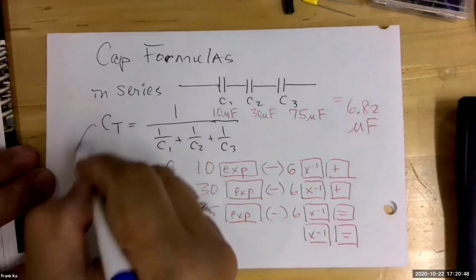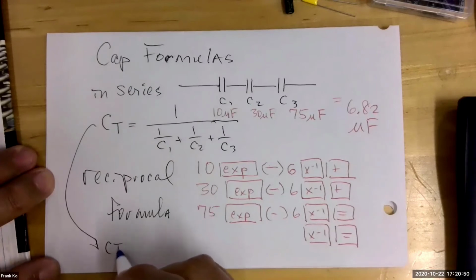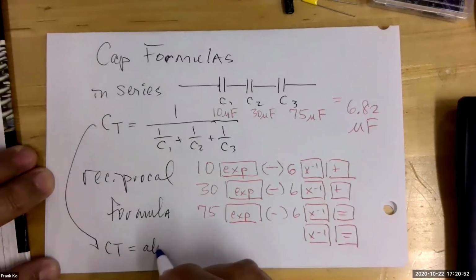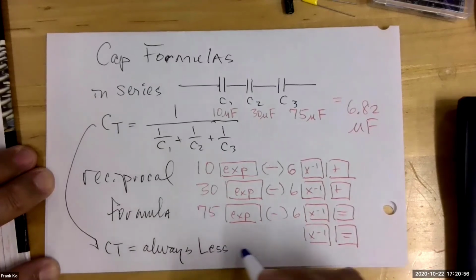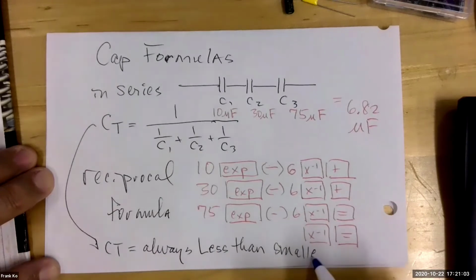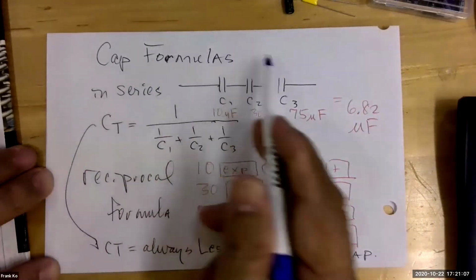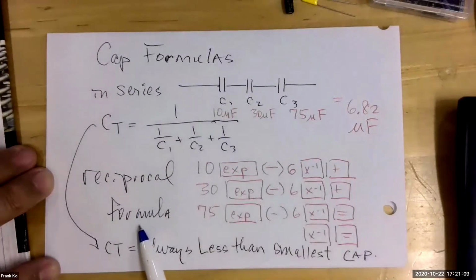So caps in series, the CT always equals less than the smallest C, smallest cap, okay? Anytime we're playing with caps in series, if I use the reciprocal formula, my total will always be less than the smallest cap.